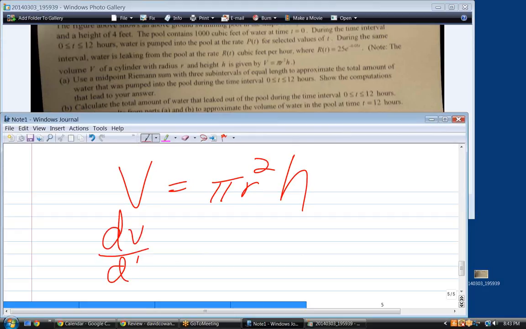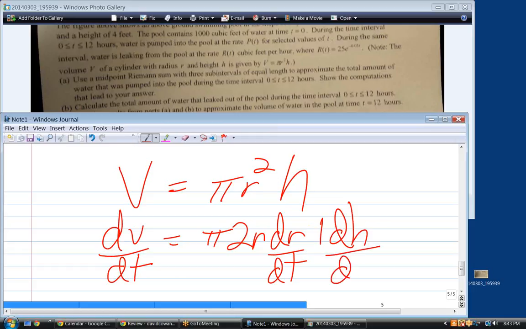So dV/dt is equal to pi times 2r dr/dt times h, plus r squared times 1 times dh/dt. So when you implicitly differentiate this relative to a variable that is not in the equation, every variable you run into, you differentiate it and follow it with a d of that variable over dt.